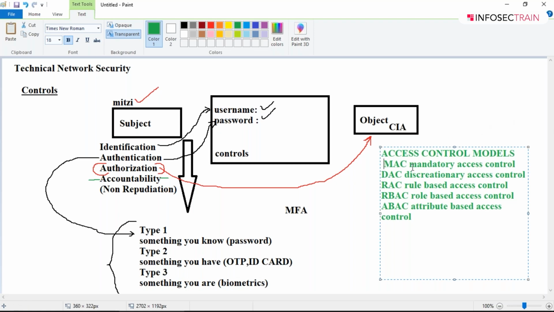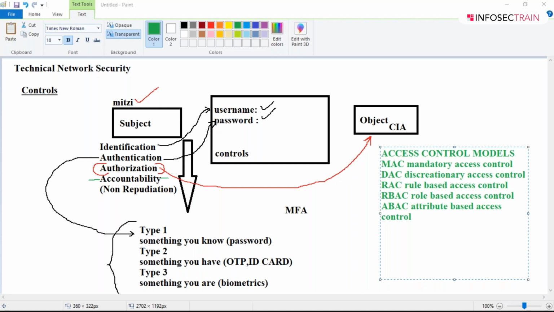How can anyone define mandatory access control? In mandatory access control, first of all, the clearance level of the subject with the object will be checked. It will be checked whether Mitzi is allowed to access confidential files or not, or whether she has higher access, that is, she can access top secret or secret files also.